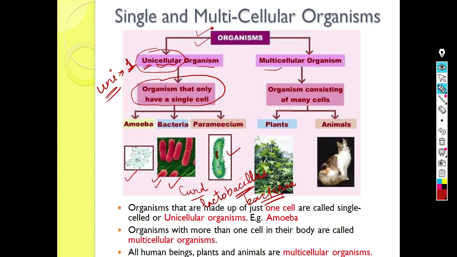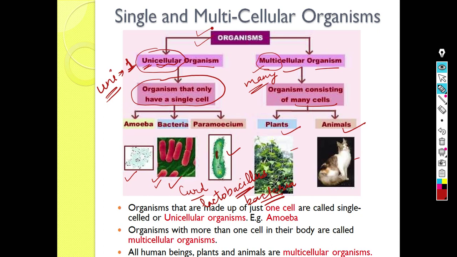Now multicellular, as the name suggests, multi means many. So there are many cells present in these organisms, like plants and animals. You need not be told about this because it is very well understood.